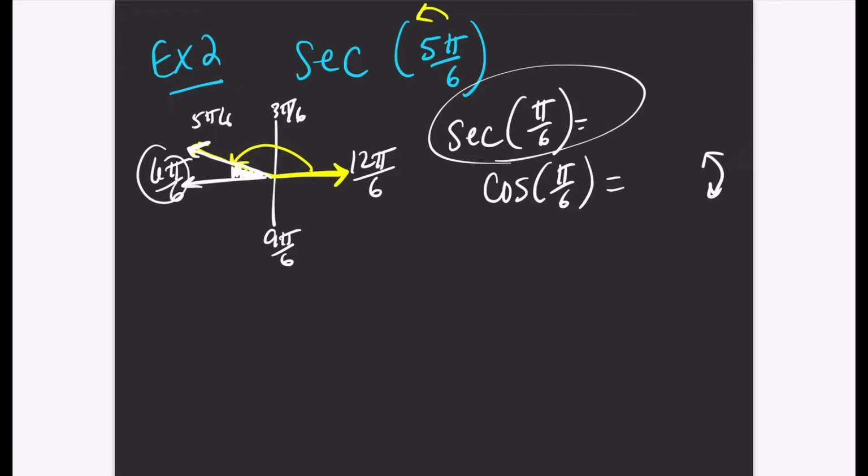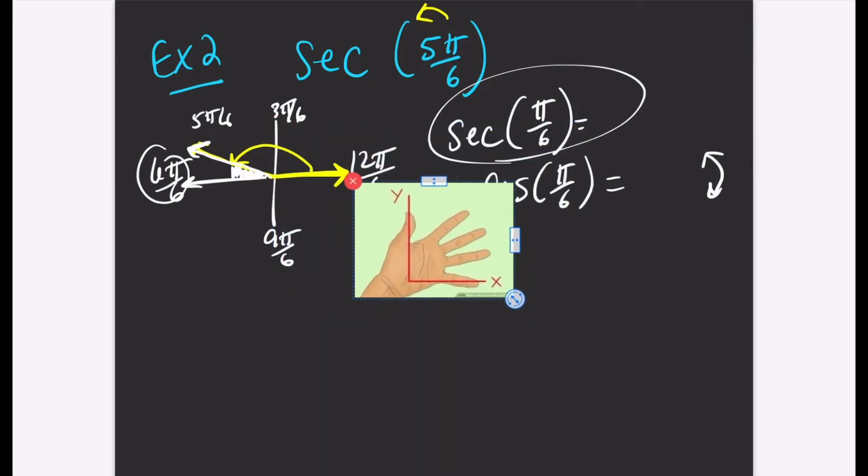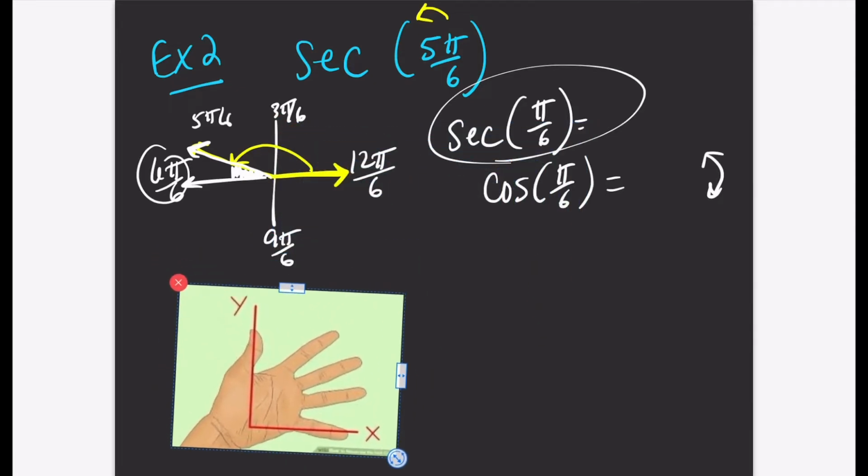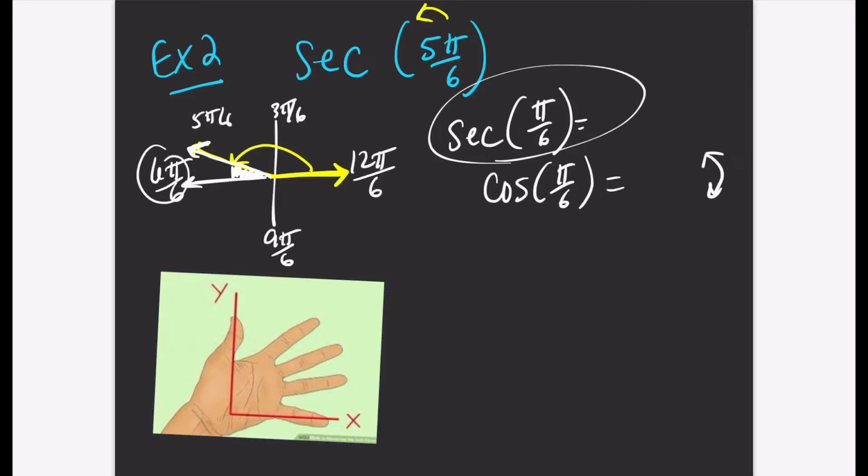So again, let's go to our left hand and let's label it. This is 0 radians. This is pi over 2, pi over 3, pi over 4, skip 5, pi over 6. Now we are using pi over 6, so you are pulling your ring finger back.